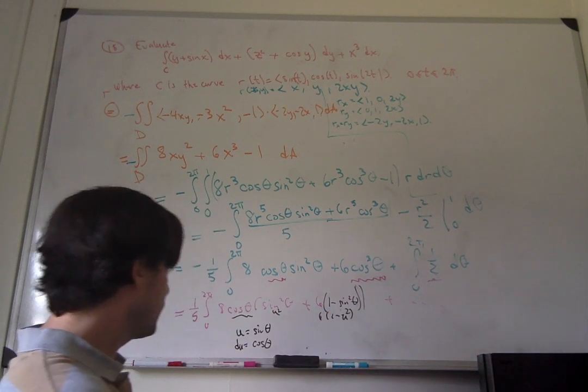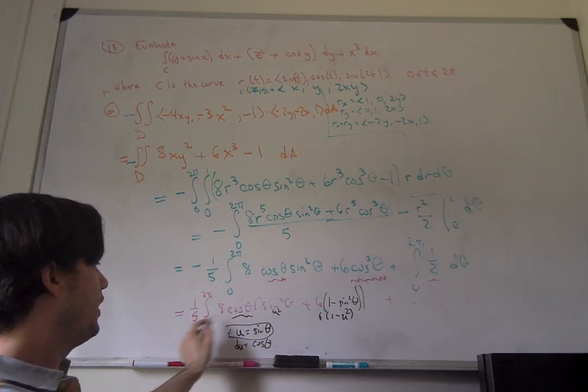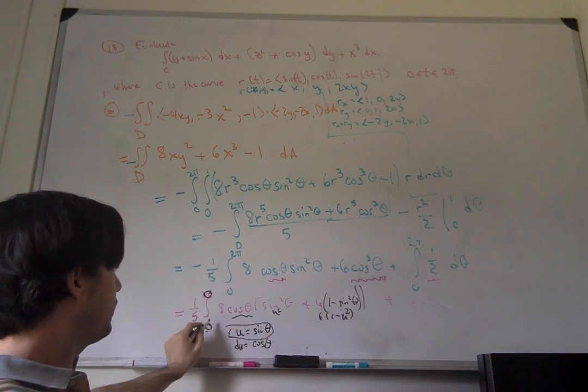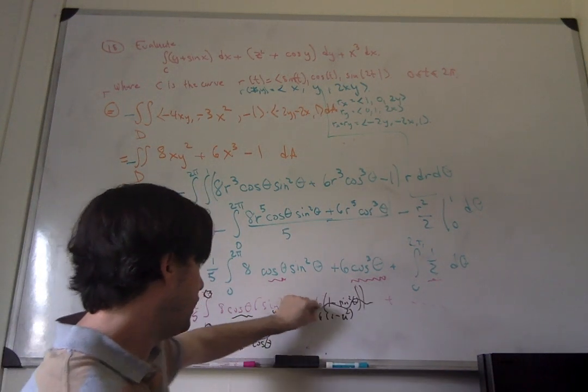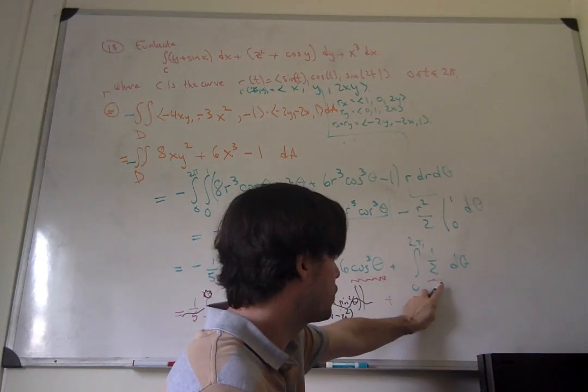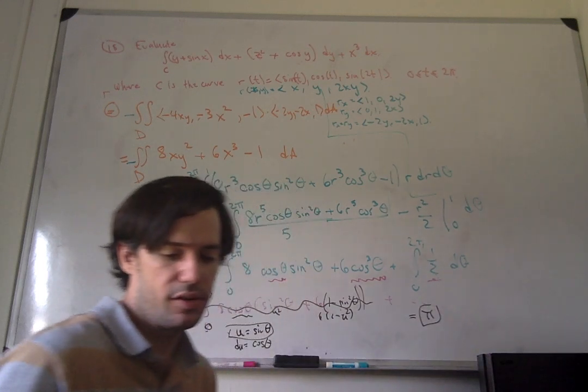And it's almost clear now, okay? Because u is equal to sine theta, so plug in 0 here, you get 0. Plug in 2 pi here, you get 0. So it's 0 to 0. So all of this goes away, and now we're left over with just this. And if you compute that, it's clearly just pi. And so the answer is pi.